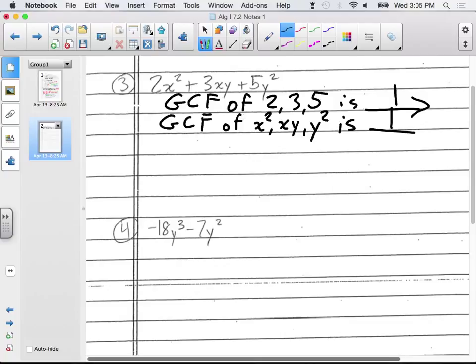1. So the next step that we would do is we divide each term by our greatest common factor. What's anything divided by 1? Itself. So what do you guys think is gonna happen? 1, and then in parentheses, 2x squared plus 3xy plus 5y squared.